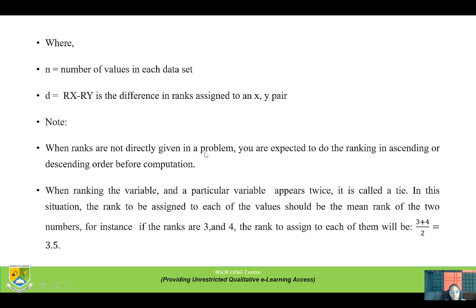When ranks are not given in a problem, you are expected to do the ranking in ascending or descending order before computation. When ranking the variable and you find out that a particular variable appears twice, say we have a list of numbers: 1, 2, 3, 4, 5, and 4 again.